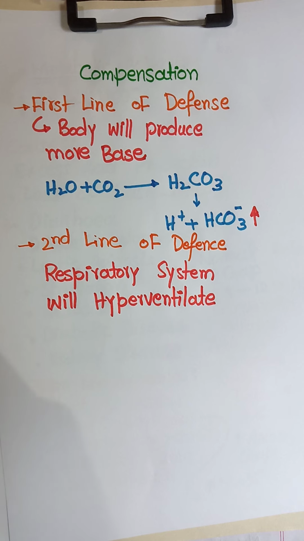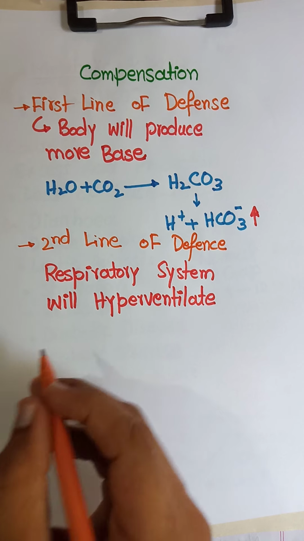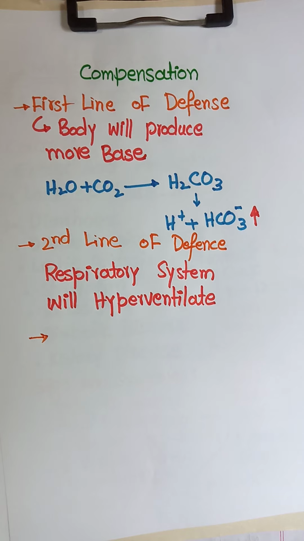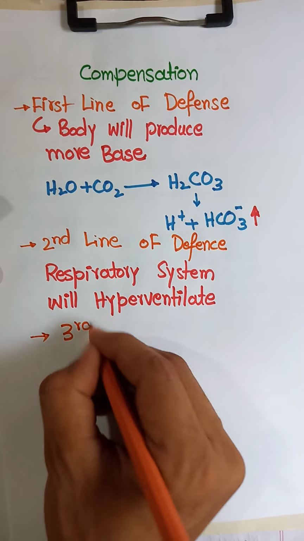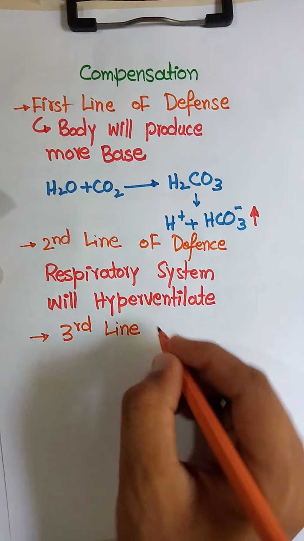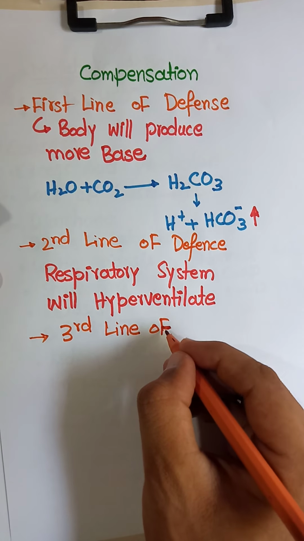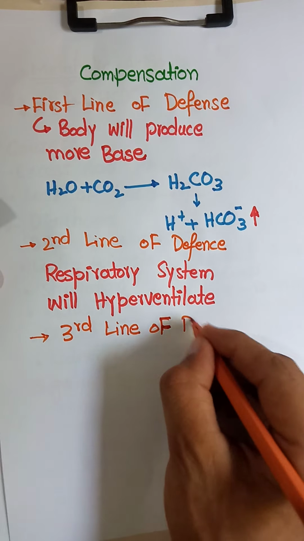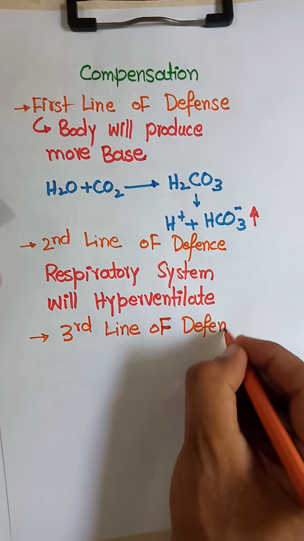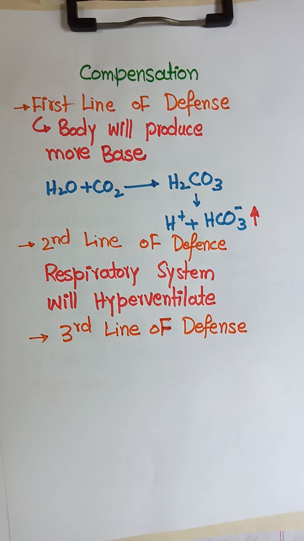And now come to the third line of defense. This is the third line of defense because it is metabolic acidosis. So more base is required, so loss of base from the body must be prevented.